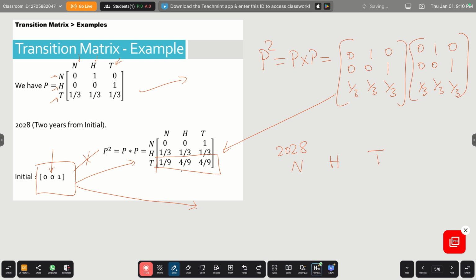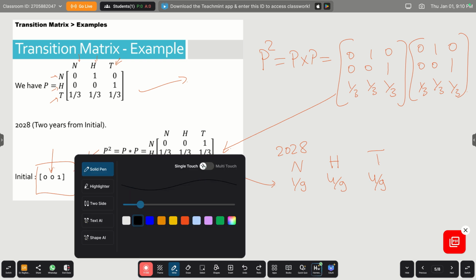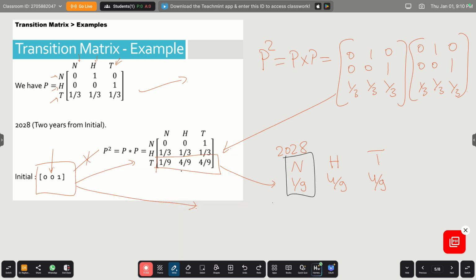Once you have multiplied this, your result is going to be 1/9, 4/9, and 4/9. So in 2028 the probability that you will have Nissan is 1/9, Honda is 4/9, and Toyota is also 4/9.